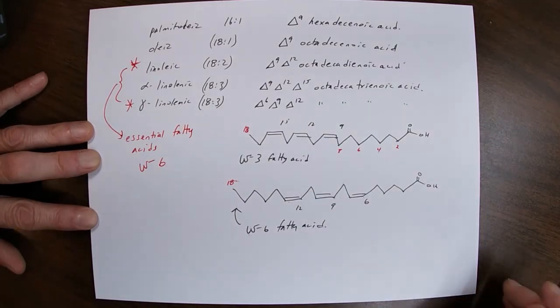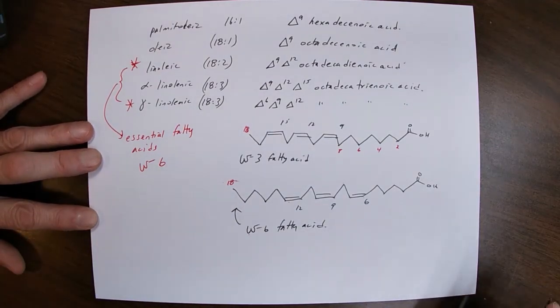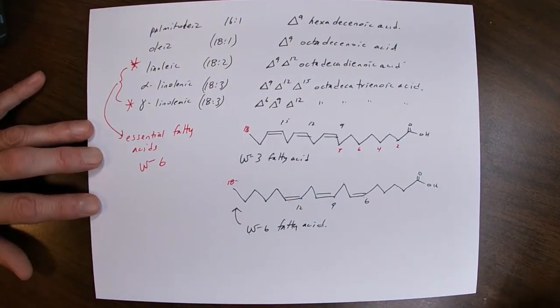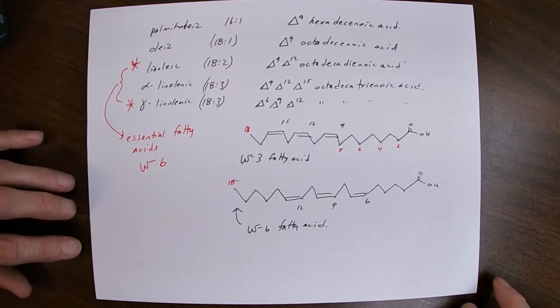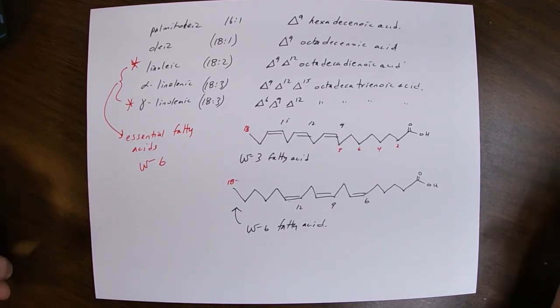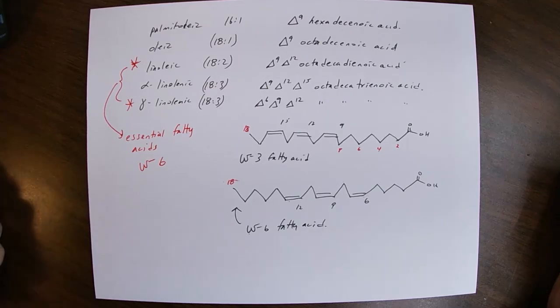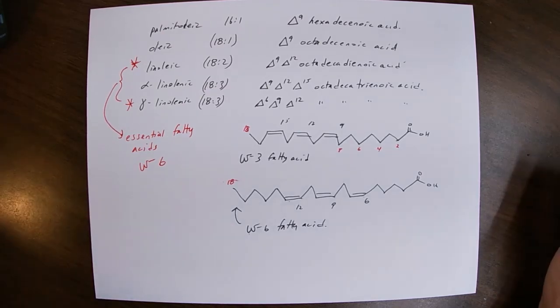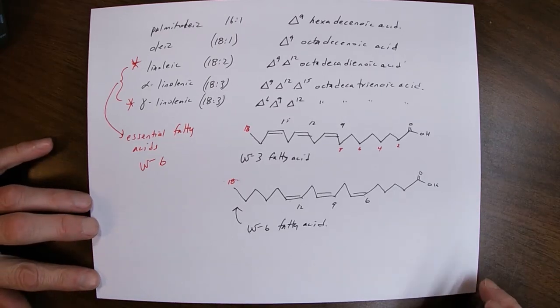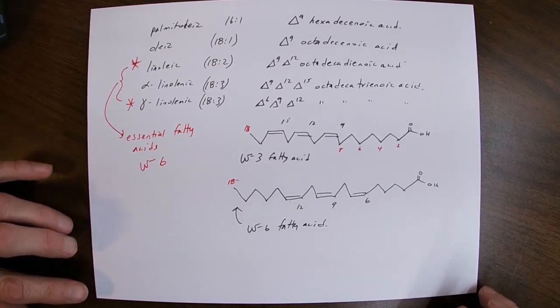Again, if you look in a textbook and look at nomenclature, you'll find a lot more stuff on your unsaturated fatty acids, things like EPA, icosapentaenoic acid is another common one that gets a lot of attention in the media.